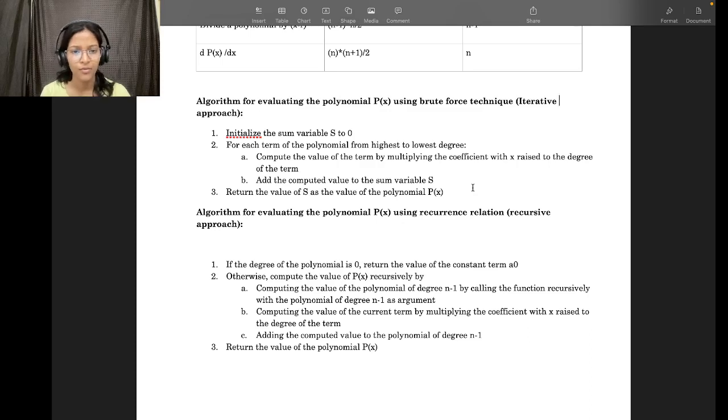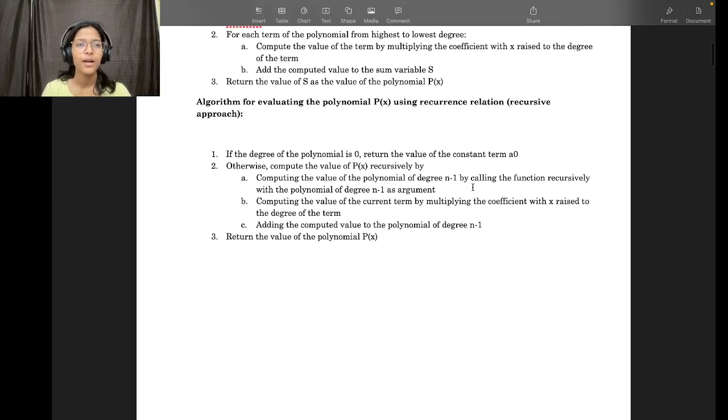First, compute the value of the polynomial of degree n minus 1 by calling the function recursively with the polynomial of degree n minus 1 as argument. Second, compute the value of the current term by multiplying the coefficient with x raised to the power degree of the term. Third, add the computed value to the polynomial of degree n minus 1. The last step is to return the value of the polynomial P(x).